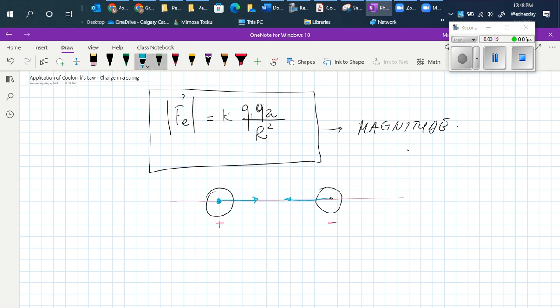And if it is two same charges, let's say two negative, then the force will be something like this. This is what I mean by toward each other and away from each other, when they attract and repel.